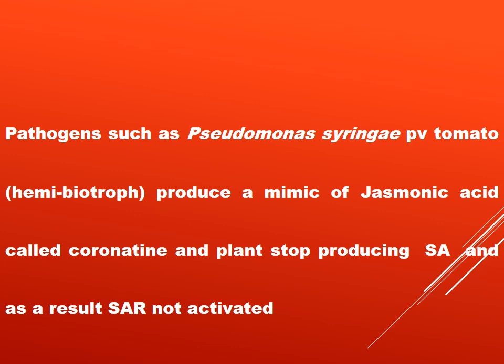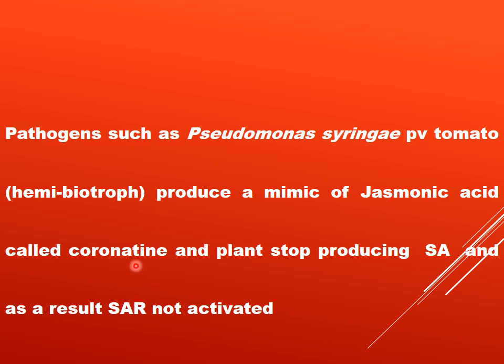What this pathogen actually does is it does not produce jasmonic acid, but produces a mimic of jasmonic acid known as coronatine. It mimics, meaning that it looks like jasmonic acid, but it is not actually jasmonic acid. And when this hormone is produced by the pathogen, the plant stops producing salicylic acid. As we already know, the relationship between jasmonic acid and salicylic acid is an antagonistic one.